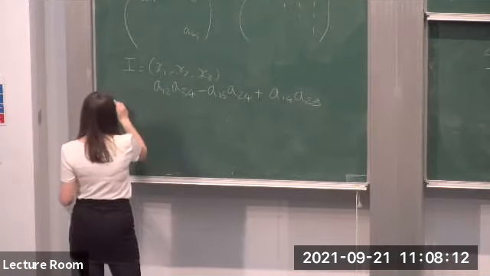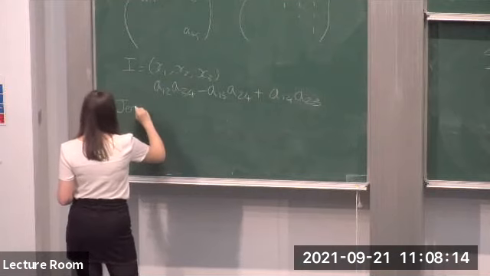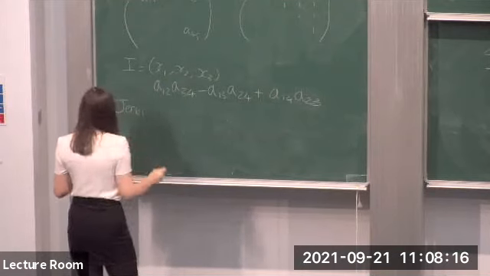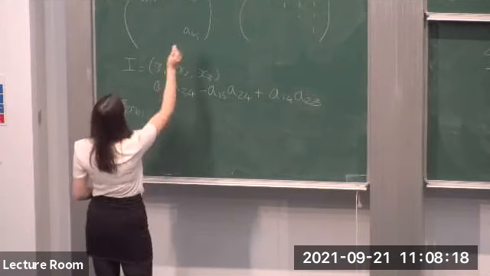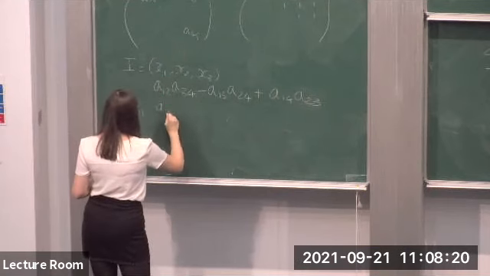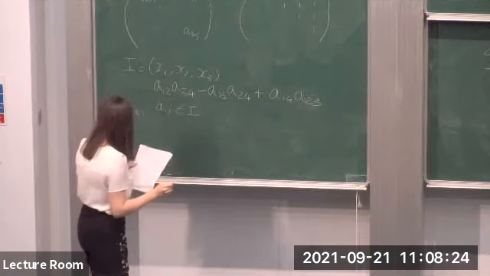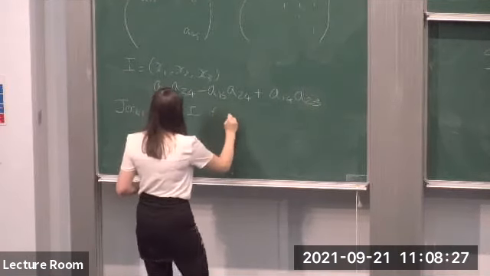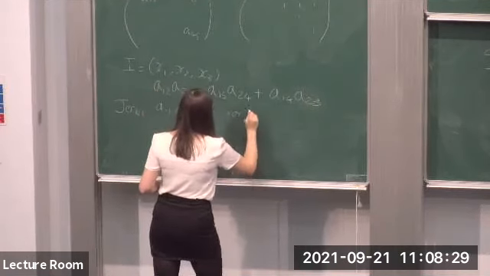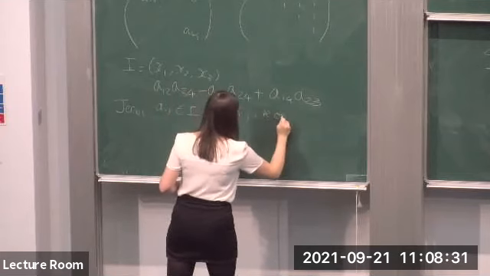So I'm going to define Jerry KL to have the element of the matrix Aij in our ideal I if i or j is equal to k or l.